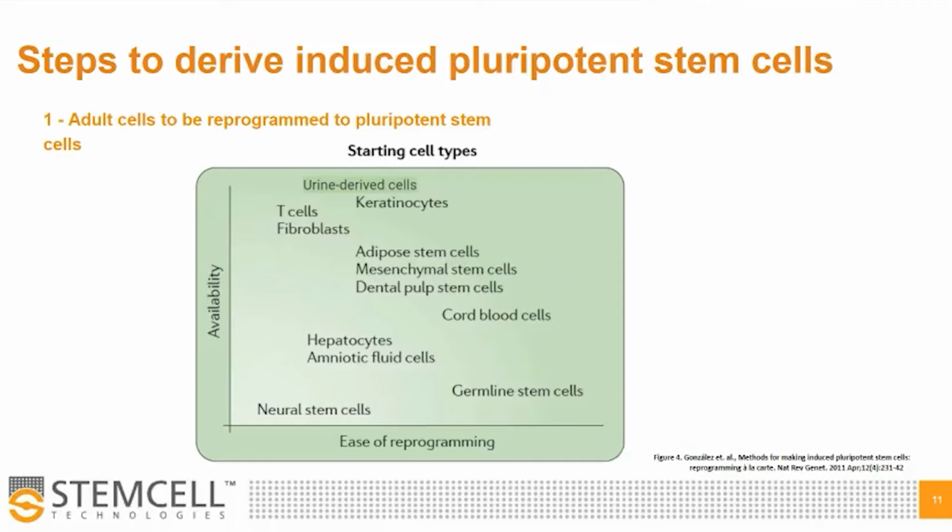Some cell types endogenously express reprogramming factors and are more easily reprogrammable. For example, CD133 positive cord blood cells already express higher levels of KLF4 and c-Myc compared to fibroblasts. Therefore, CD133 positive cord blood cells can be reprogrammed to iPSCs without exogenous KLF4 and c-Myc.